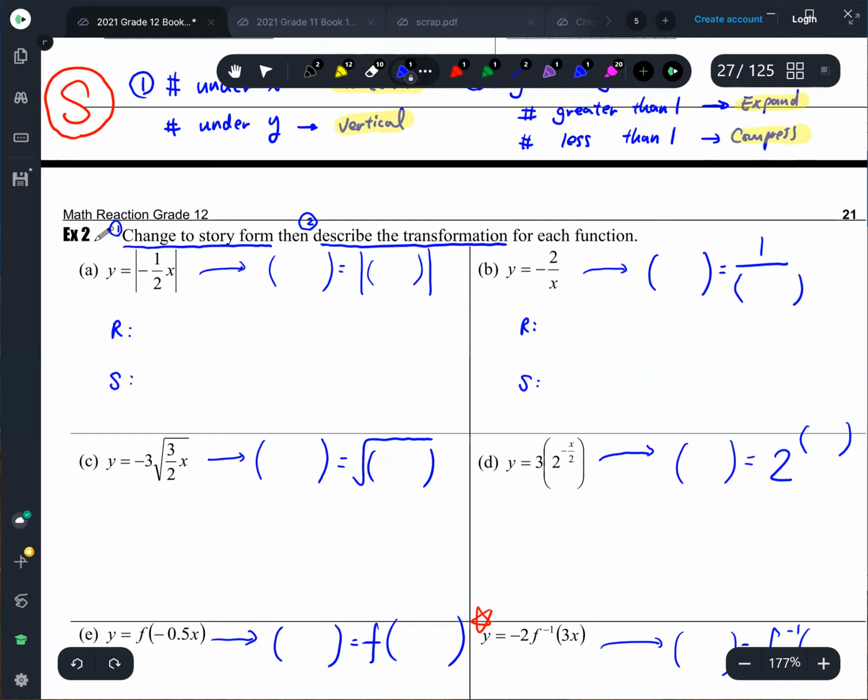Once you've done A and B, you can raise your hand. Raise your hand after A and B are done.